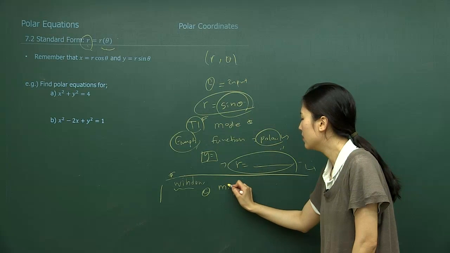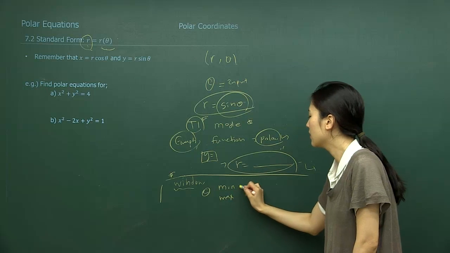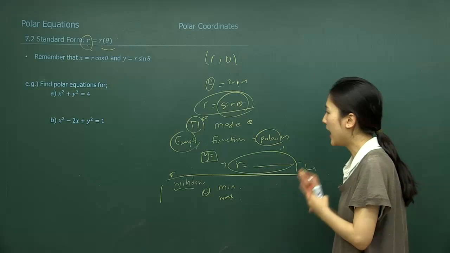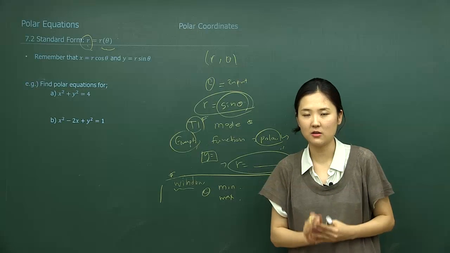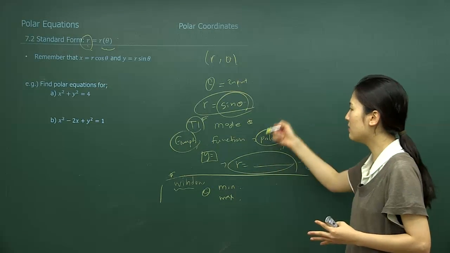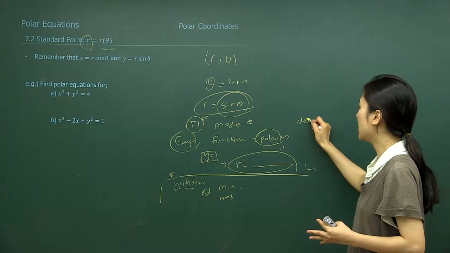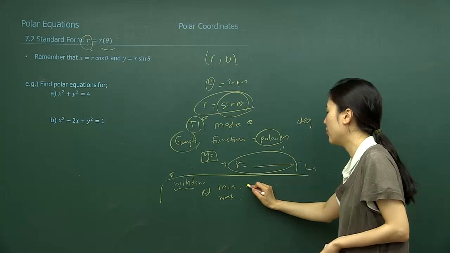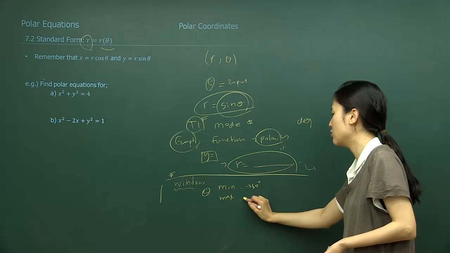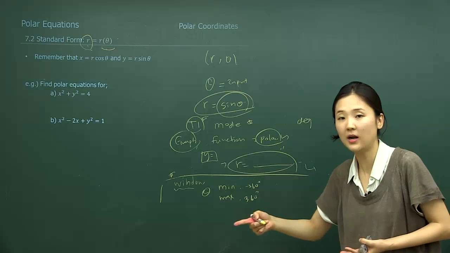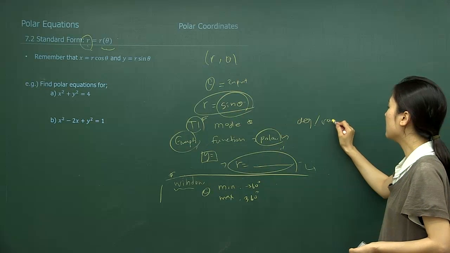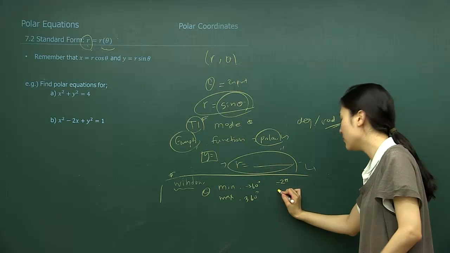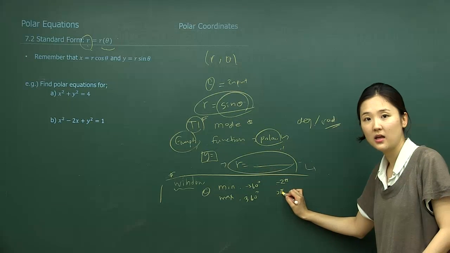Your angle should change depending on what the angle mode in your calculator is set as. If your calculator has a degree mode, then your minimum and maximum value should go from negative 360 to positive 360 degrees. But if your angle mode is set to radians, then you may just choose negative 2 pi to positive 2 pi.